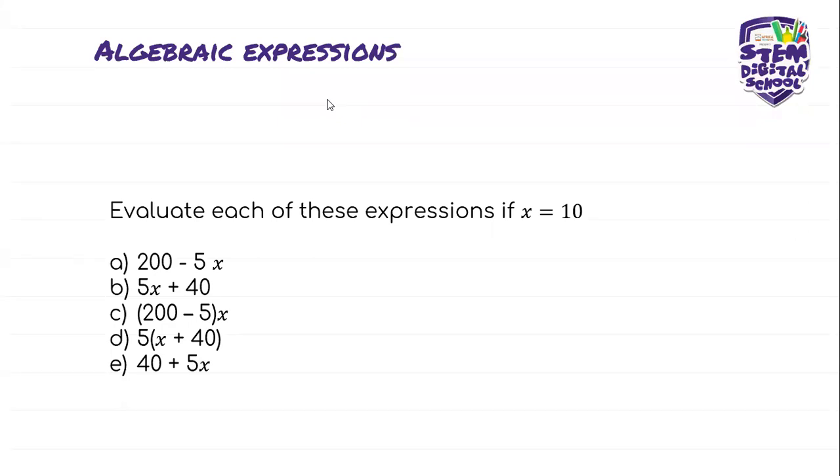Right. The answer that you get, obviously, you follow the same procedure as we have done in the first category there. 5 into x plus 40. If x is 10, then it means you'll have 10 here. 10 plus 40, which is 50. And of course, 50 times 5 will give you 250. That is what we have.